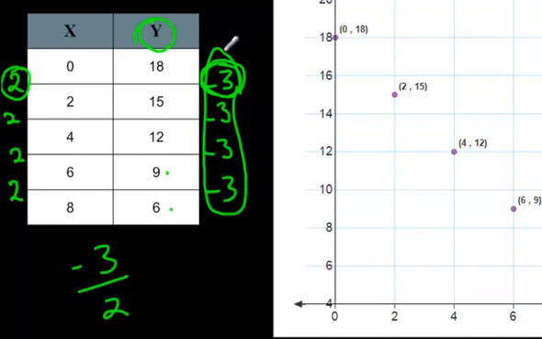The y value is the up and the down portion, which also is talking about the rise. We called it the rise, okay? The run is across, and that is the x values. And here we have the 2. So we still have rise over run, and it's negative 3 over 2. That is the slope of what you see right here.